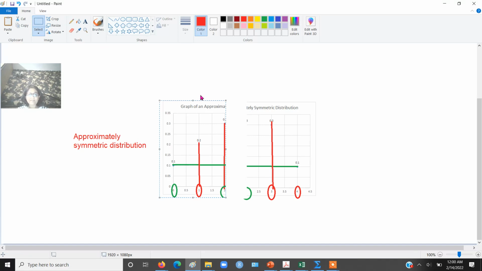Like if this is the 1/2, this is not a mirror image of the other half, so it's not 100% symmetric, but it is sort of similar, because the only problem is this 0.3. If this 0.3 was equal to 0.2 and this line was not here, I mean this part would have been missing, then these two figures would have been mirror images of each other. So here it's approximately symmetric. Okay.